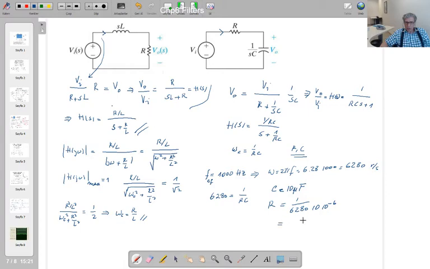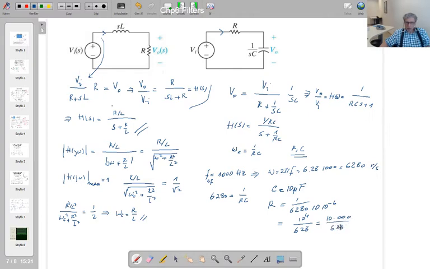So that is 10 to the power 4 over 628. So this is 10,000 over 628.